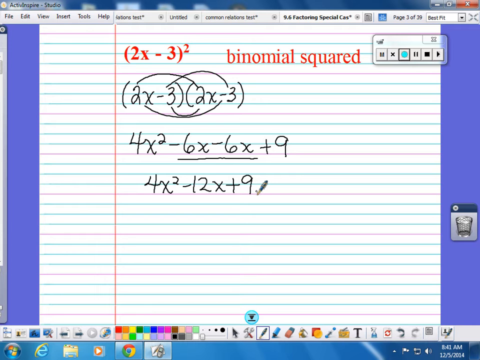I didn't tell you this before the last test, but let me show you a shortcut that you could use when you're in Coach Whitford's class, and he likes for you to use shortcuts and things, okay? You know that this means this. A shortcut is you square the first term, you find the product of these and you double it, so negative 6x times 2.